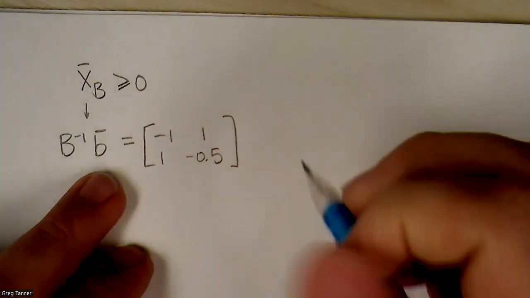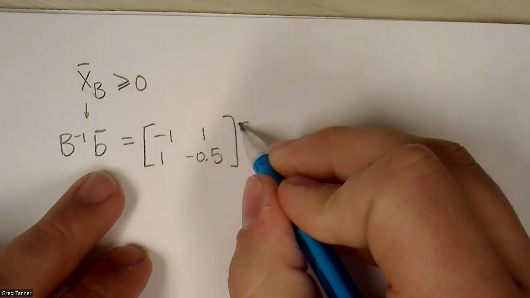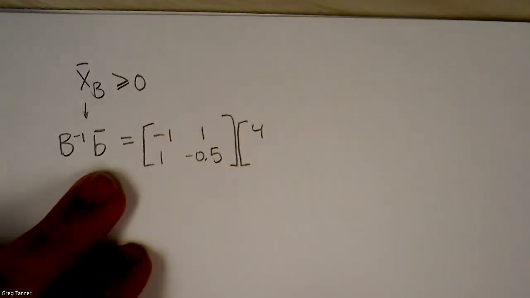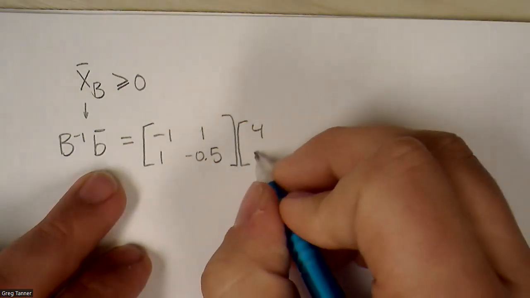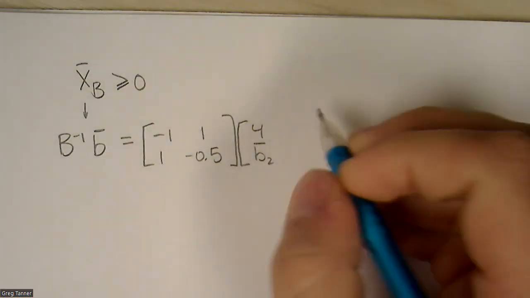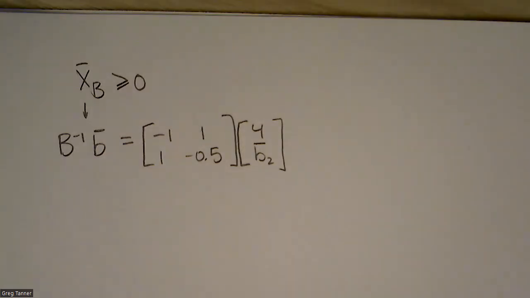Okay. Our alternative B vector, we'll keep 4 for the first entry, and then the entry that was 6, let's just call that B2 bar, an alternate possibility for what that second constraint right-hand side could be.